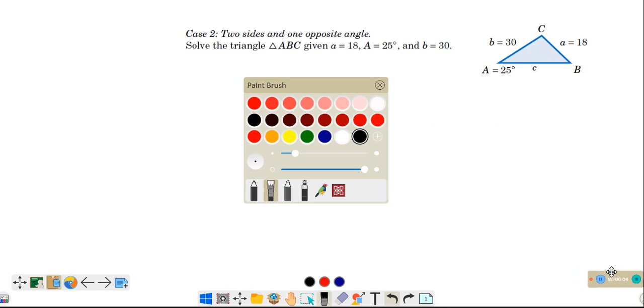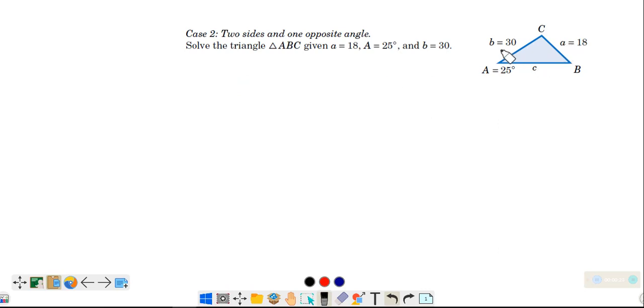This is Miss Rena, and for today's video discussion, we're going to talk about the application of law of sines on case 2. Two sides and one opposite angle. So we are going to find the missing elements of this given triangle. So ang given triangle natin is triangle ABC with two sides, side A and side B, and one opposite angle.